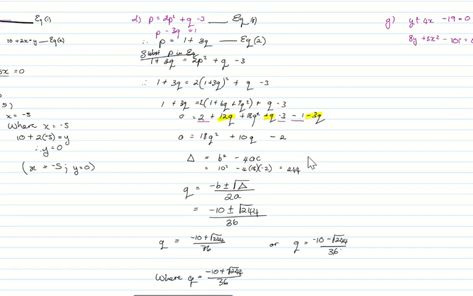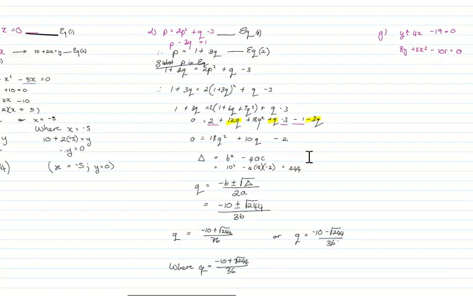Alright, so there we have equation number 2. So therefore that means P will be equal to 1 plus 3, and then negative 10 plus the square root of 244 over 36.